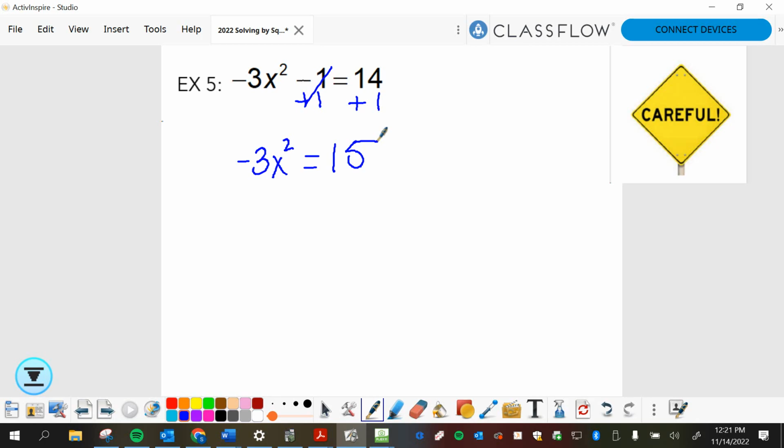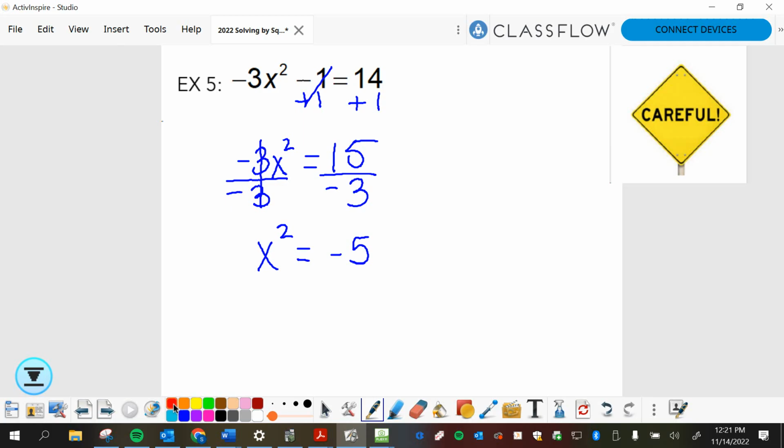And then we divide by negative 3, right? So we have x squared equals 15 divided by negative 3. Negative 5, okay.